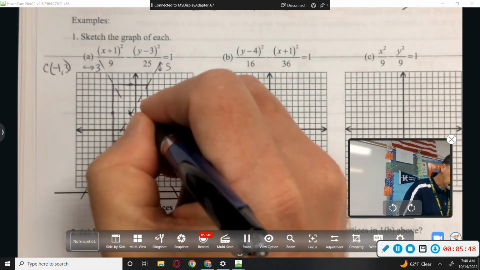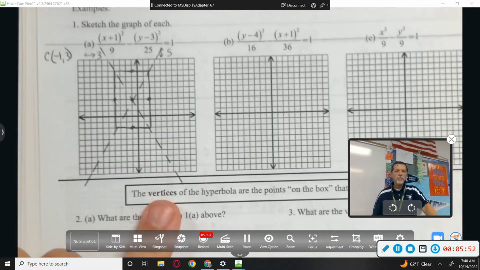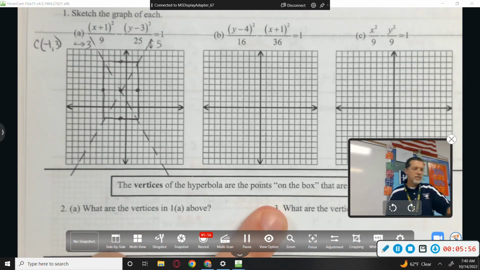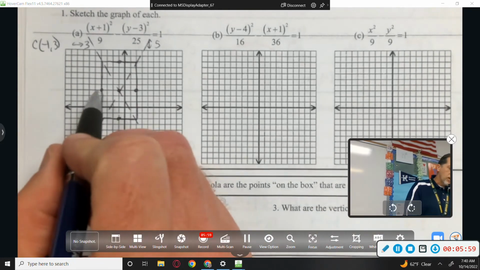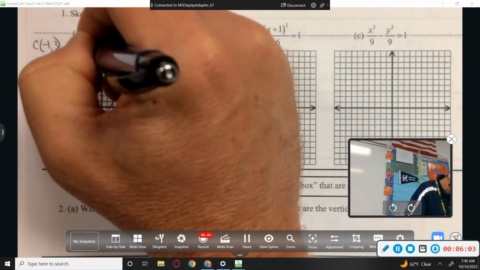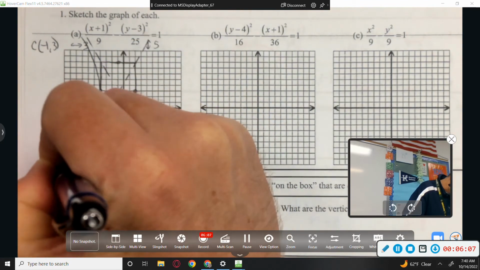The 2 points are the vertices. In fact, that's in the box right there. The vertices of the hyperbola are the points on the box that are on the graph. So there's only 2 vertices. So go through the vertices and then head toward the asymptotes.